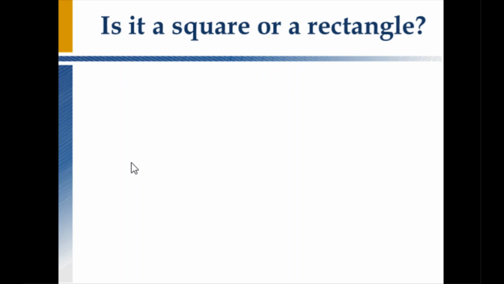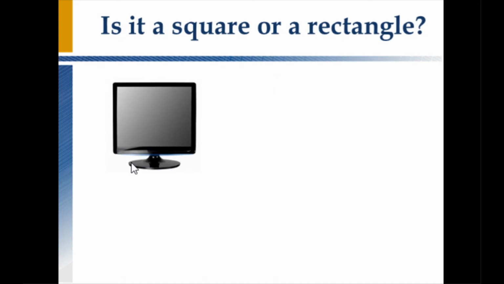These pictures are just very easy, just to see if you can distinguish between a square and a rectangle. Alright, let's have the first picture. What is this? Okay, it is a television. Very good.